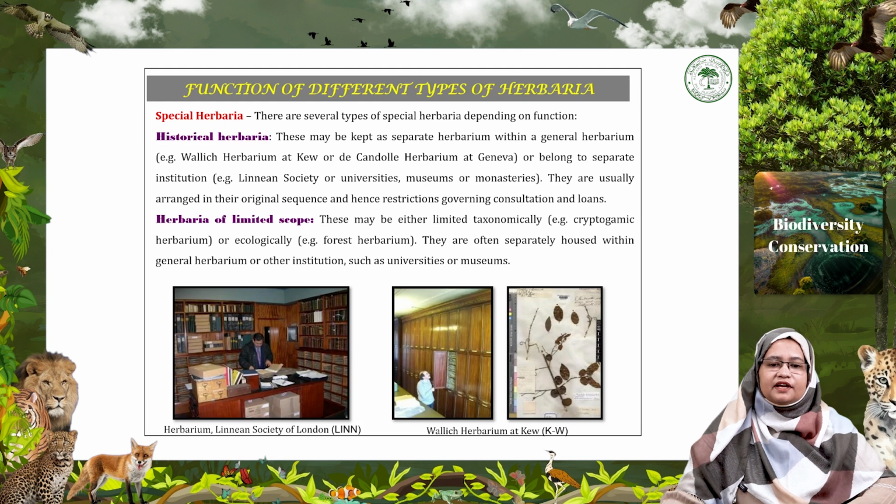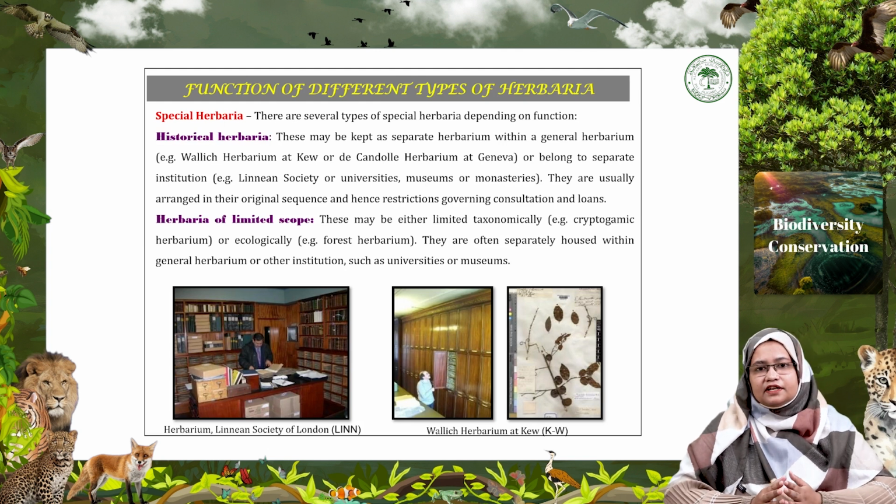Then some herbaria have a limited scope, and these may be limited either taxonomically, like a cryptogamic herbarium, or ecologically, like a forest herbarium. They are often separately housed within a general herbarium or other institutions such as universities or museums.